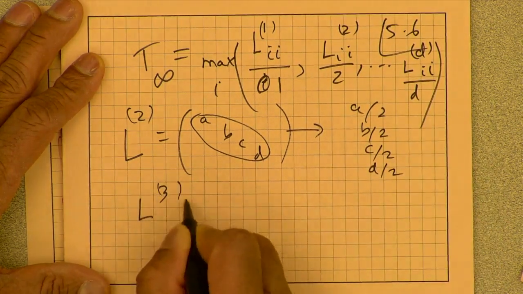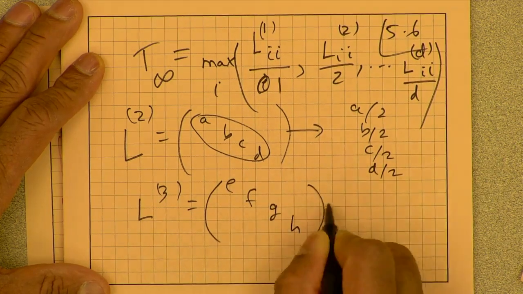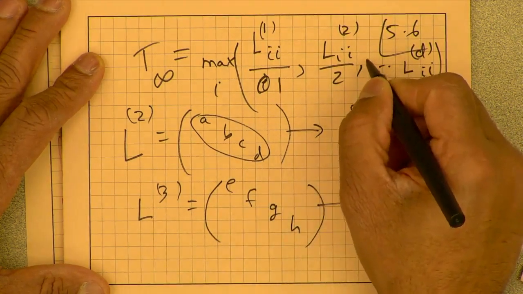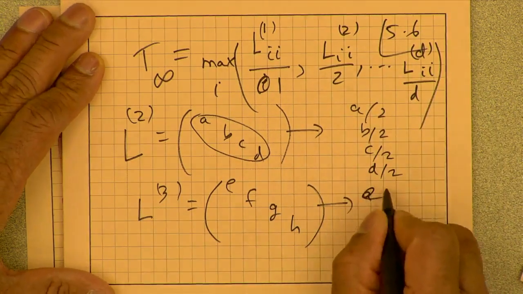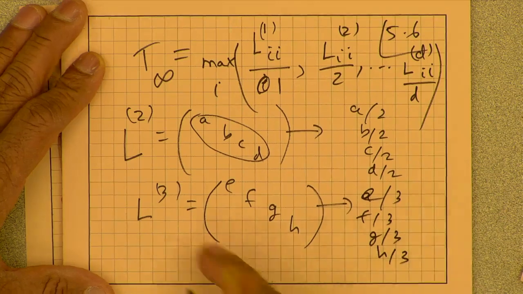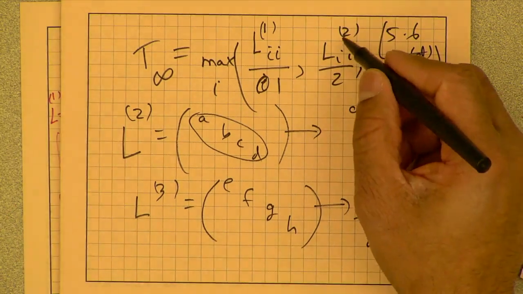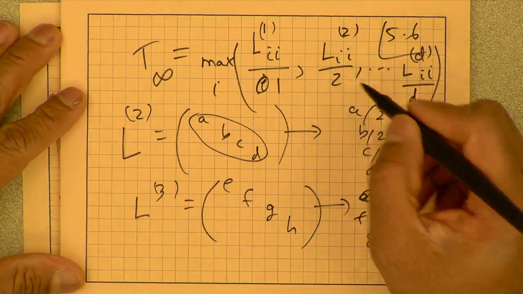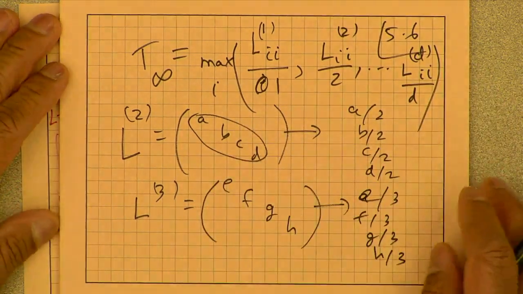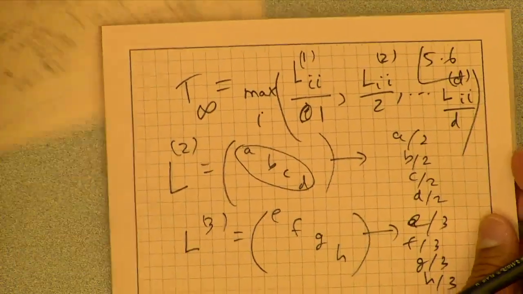If we take L3 and these candidates are E, F, G, H, then they will be E by 3, F by 3, G by 3, H by 3, and so on. In L2 we are dividing by 2; we only take the diagonal elements and divide them by that number.